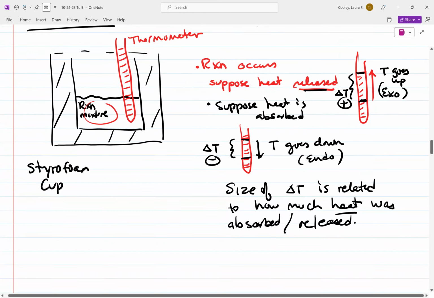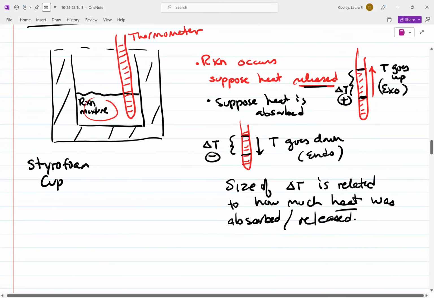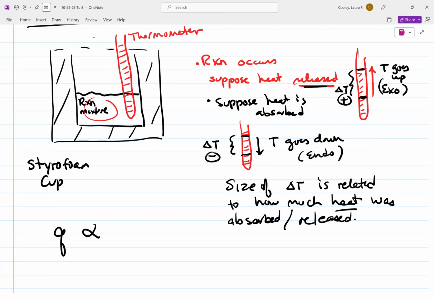So what you can do here, you have these reacting chemicals, the temperature goes, let's say it goes up. That change in temperature will be able to give you a heat, but not directly, because the heat is actually only proportional to the change in temperature.